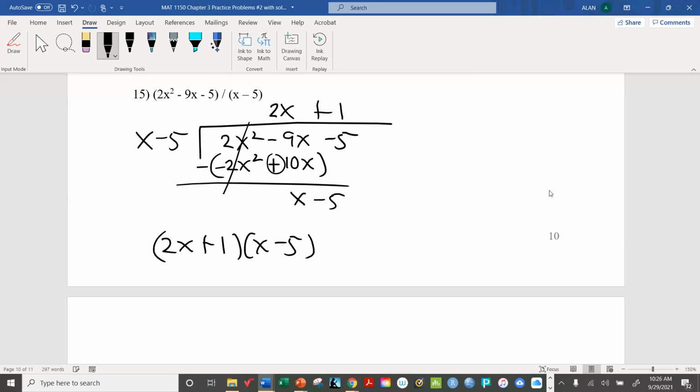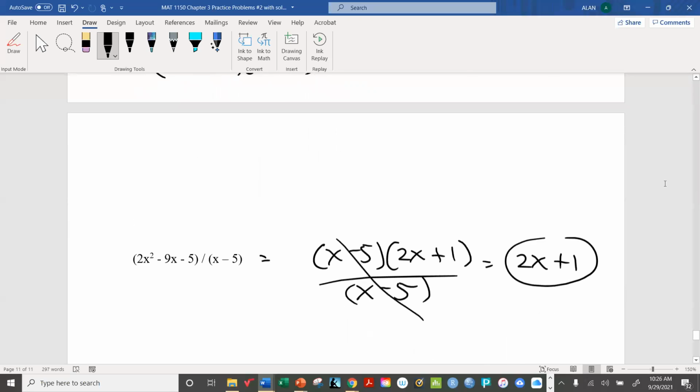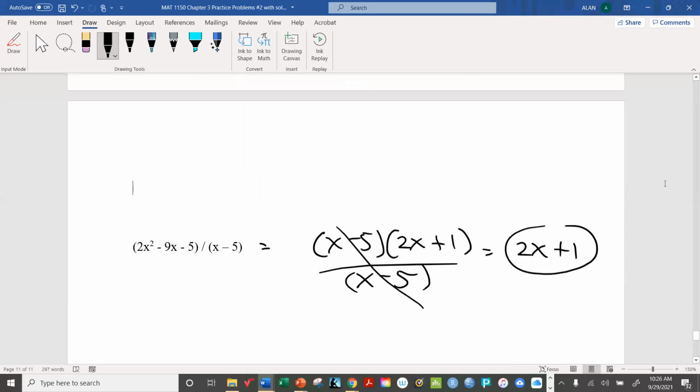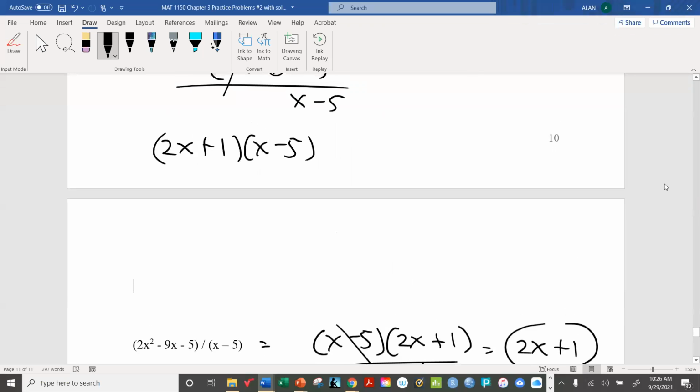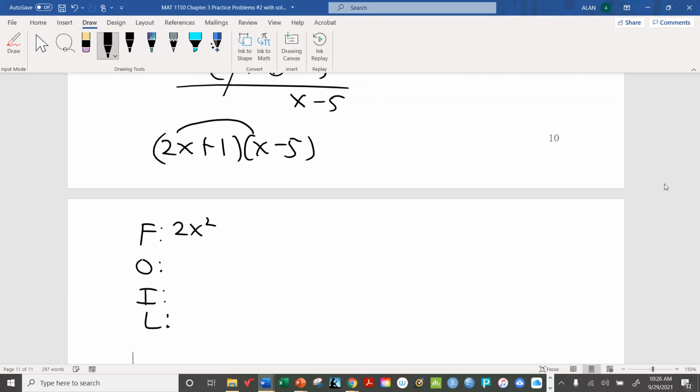I'm going to FOIL this. We're going to find out once and for all who's right. All right. If this gives us back the original expression, then that means we did it correctly.